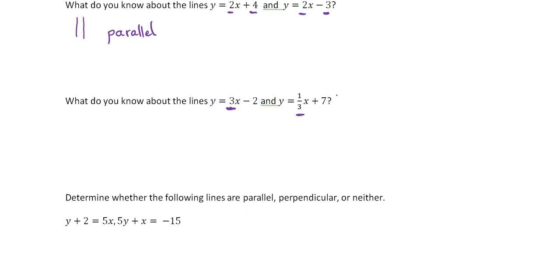That doesn't matter anymore, okay? So here, I'm going to take my slope and multiply it by the other slope, and I wind up with a 3/3, which is a 1. But I need it to be a negative 1. So this is neither parallel nor perpendicular.